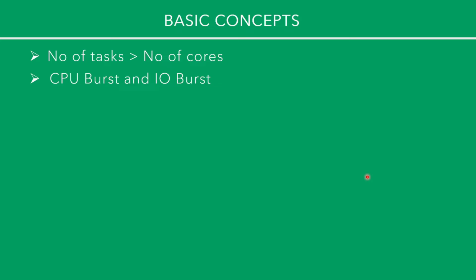Similarly, when you write something to the network, it's the network controller that takes care of the activity, not the CPU. So if a thread needs to perform some kind of IO, then it doesn't use any CPU. So this thread can be moved out of the CPU and we can allocate some other thread to the CPU, right?